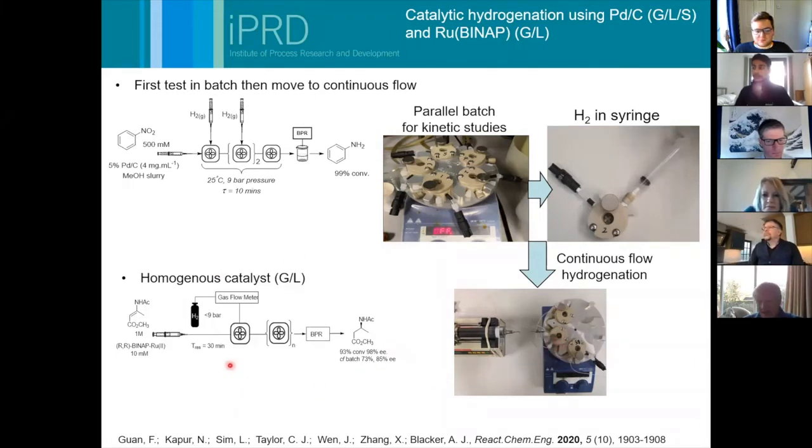So a gas liquid system we tested was this one here with a dihydro amino acid using ruthenium binap as a catalyst. And this is a soluble catalyst this time. And again, we determined the conditions in the batch and then translated this into flow, this time with a residence time of 30 minutes and 9 bar pressure, slightly exceeding the safety limits, but anyway, it's still fine.